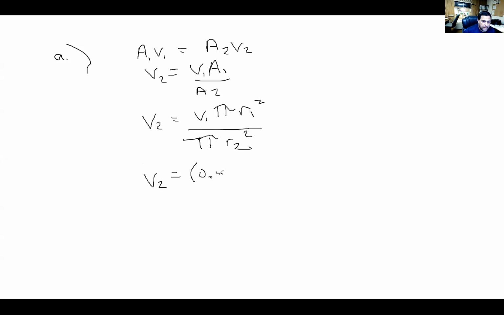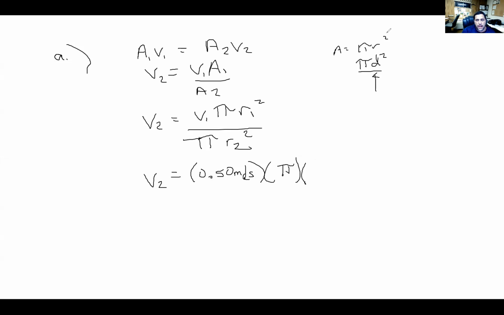In the basement, we're given that the velocity is 0.5 meter per second. For the area of a circle, you can do pi r squared, or you can do pi d squared over 4.